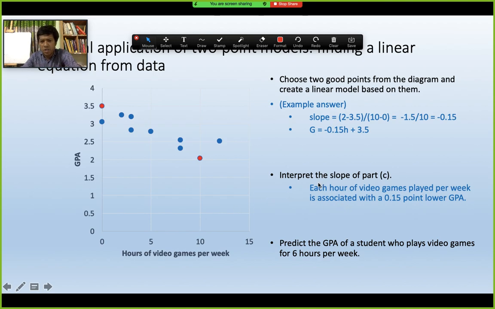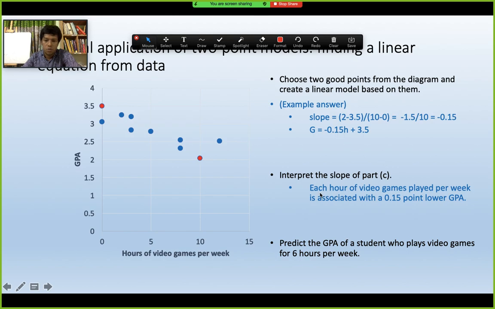Another question here is, interpret the slope of part C. That means what does this slope mean? It is minus 0.15 of h, hour. That means if a student plays 1 hour of video games, then his or her GPA will drop, minus means decrease, by 0.15.